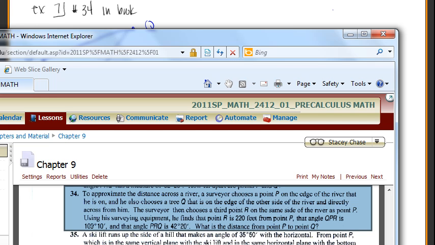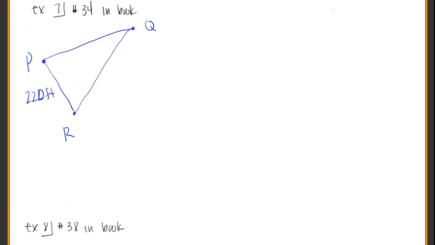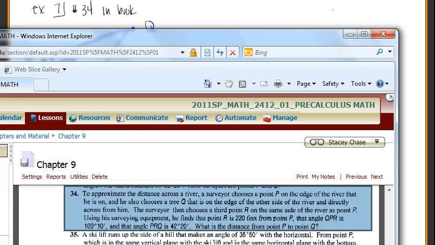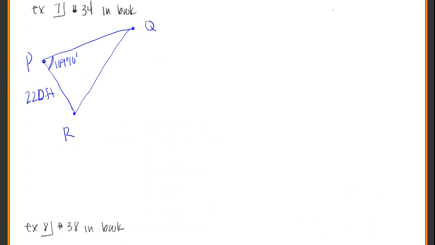Angle QPR is 109.10, so that angle right there should be 109 degrees 10 minutes. And the other angle, PRQ, is 42.20, so 42 degrees 20 minutes. And then we just have to find the distance from P to Q. Not too bad.